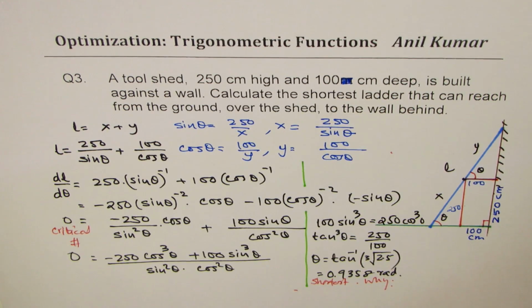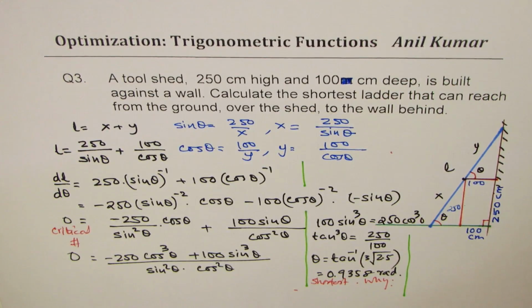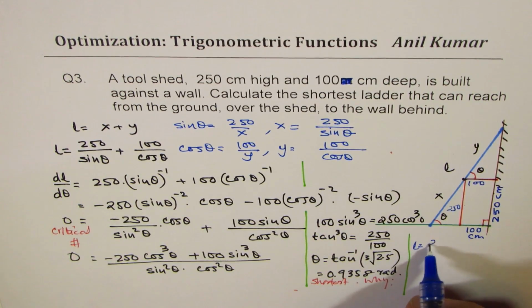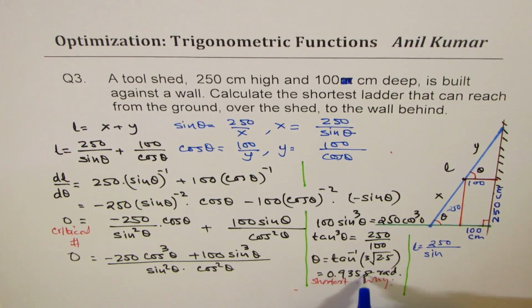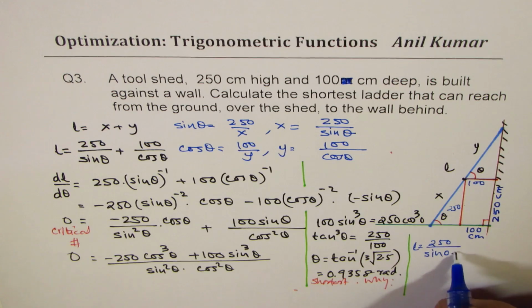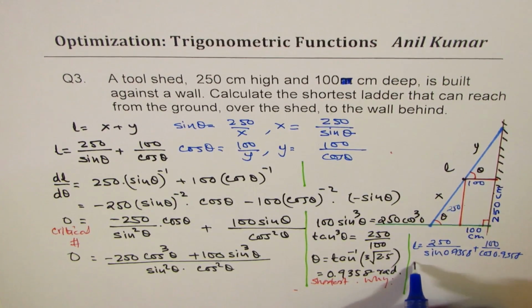Perfect. And now we'll just calculate the value, which is L equals 250 over sine of that angle, 0.9358, plus 100 over cos of this angle, 0.9358, correct?